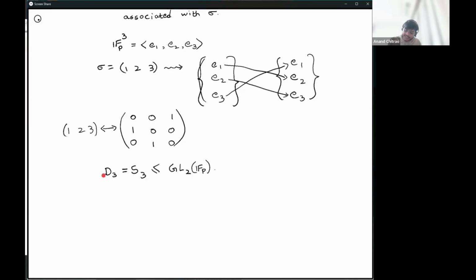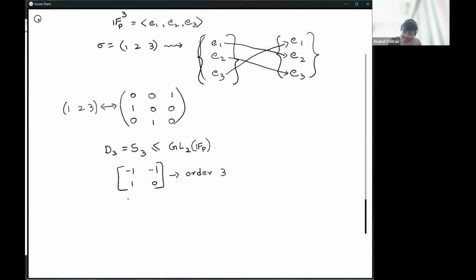So how do you realize D3 as a subgroup of GL2(Fp)? If you had revised, you would see that there is a matrix (-1, -1; 1, 0), which has order 3, and a matrix (0, 1; 1, 0), which is of order 2. D3 is generated by R and S, if you remember.